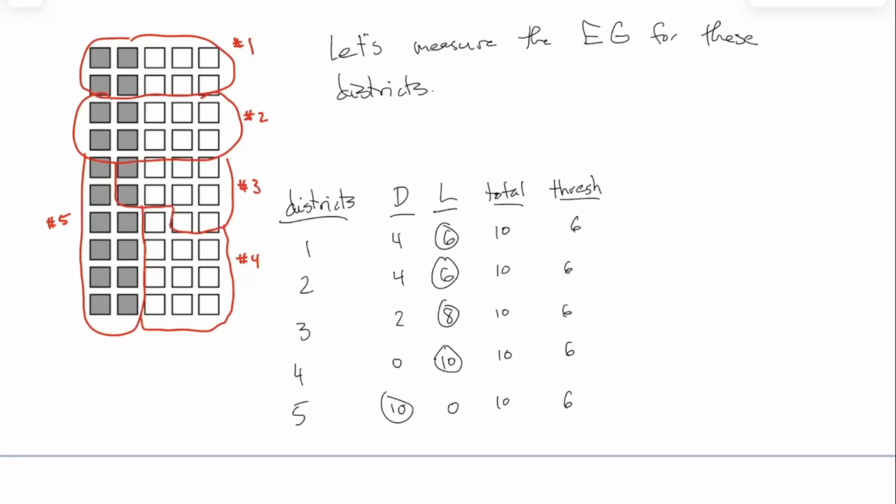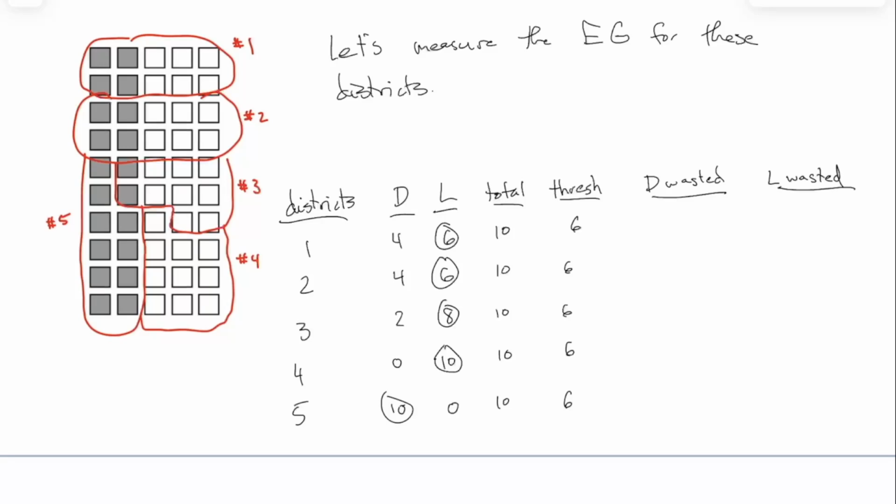Now we're going to get to the real meat of it. These are the important columns. How many votes did the D's waste, and how many votes did the L's waste? This is, I suppose, the hard part, although it's not really hard. You just have to know what you're doing. The others were just writing down basic information in the chart. So in the last 2 columns, I'm going to say how many is wasted by each party.